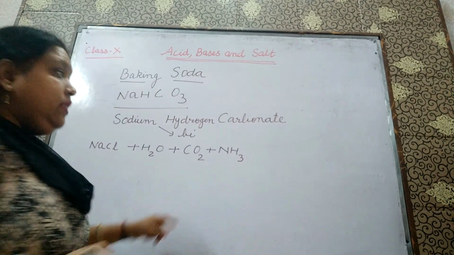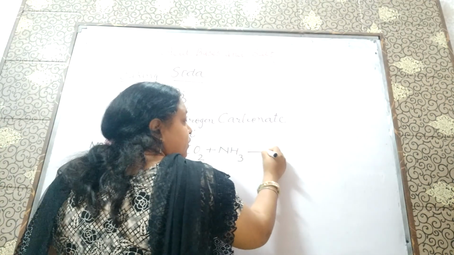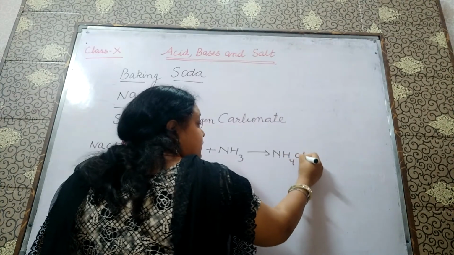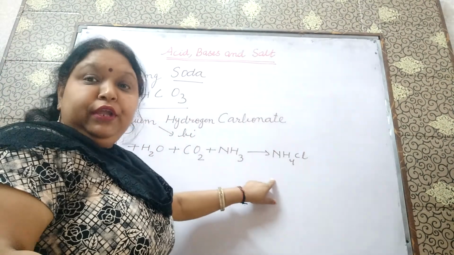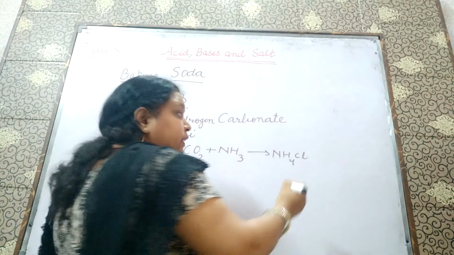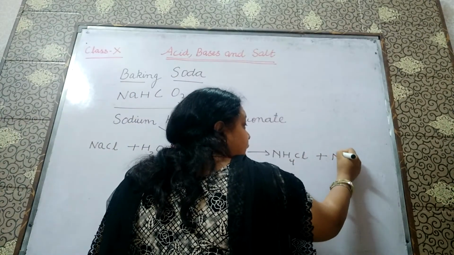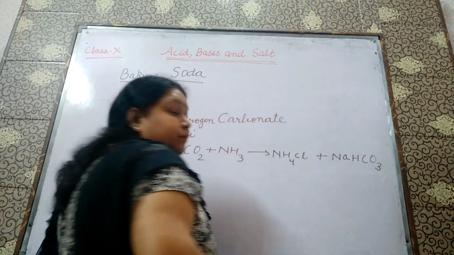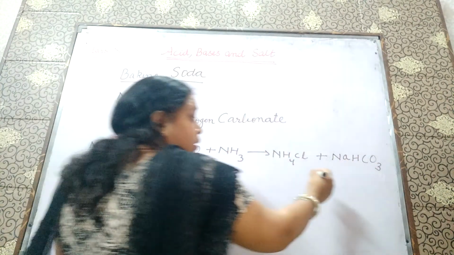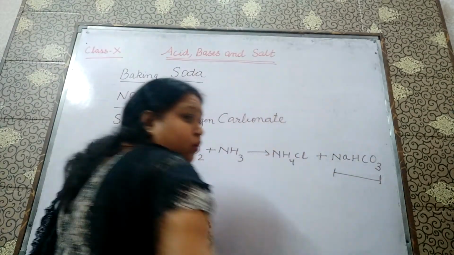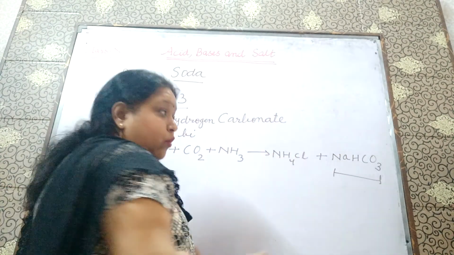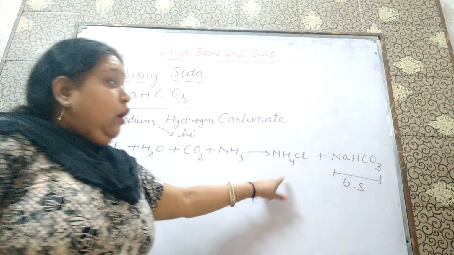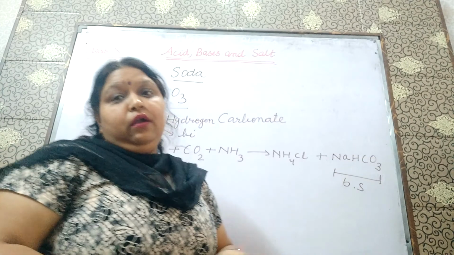If I take this, then I am going to get the products NH4Cl, that is ammonium chloride. Along with it, I will get NaHCO3, isn't it? That is the main product which we want to evolve out from this. That is baking soda. Ammonium chloride along with sodium hydrogen carbonate.